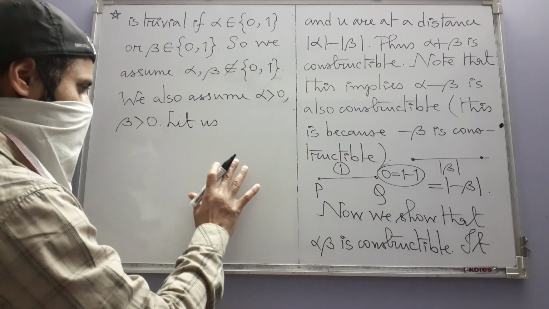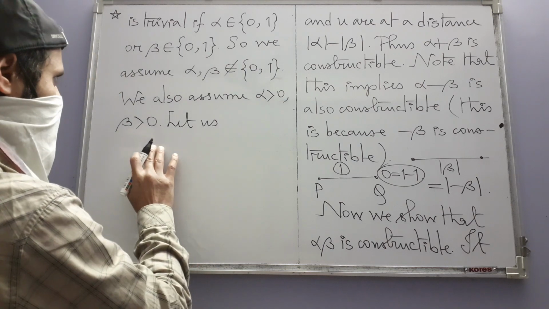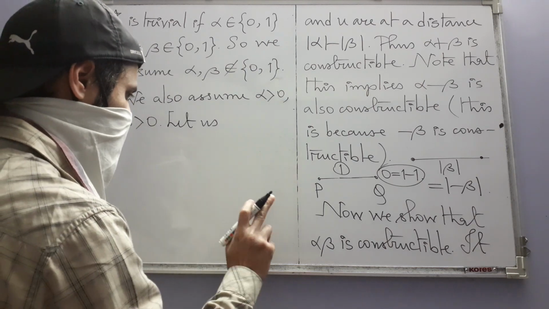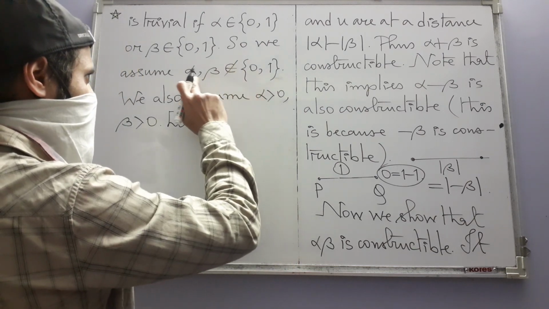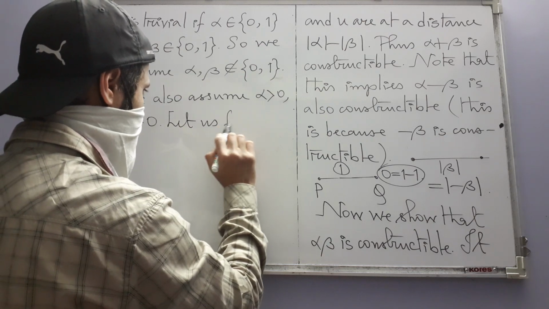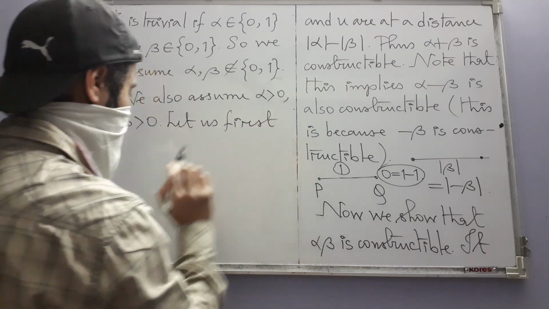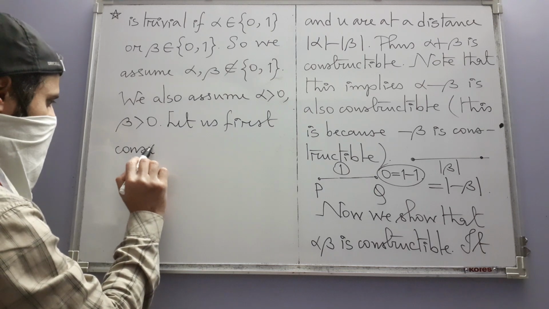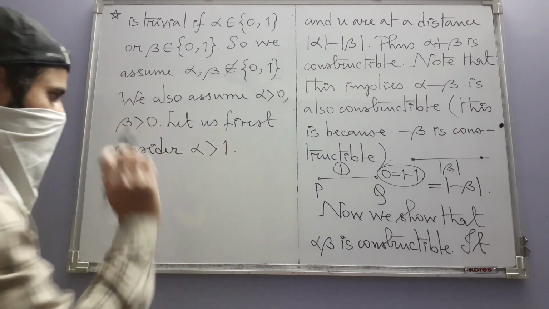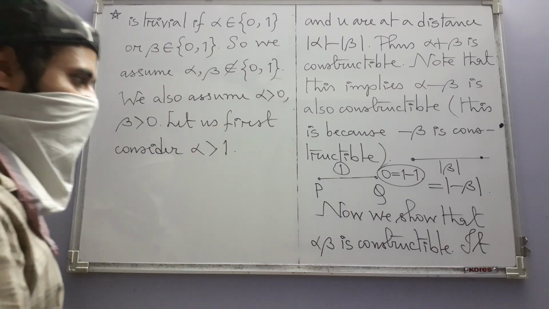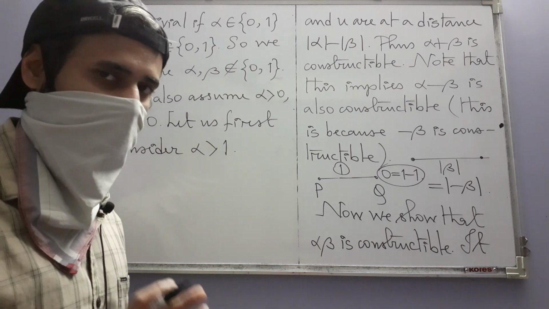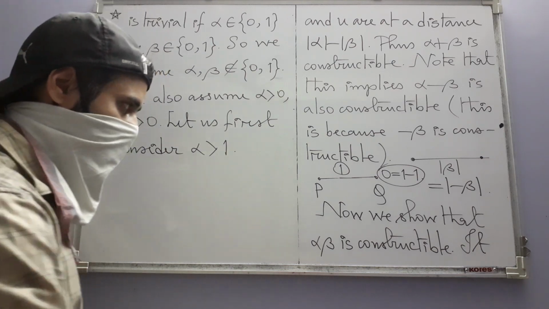But still two cases will arise depending on whether alpha is greater than 1 or less than 1. Keep in mind, we already are not considering alpha to be equal to 1. Okay, now we will need to start with these two given points P and Q, which are at a distance 1 apart.